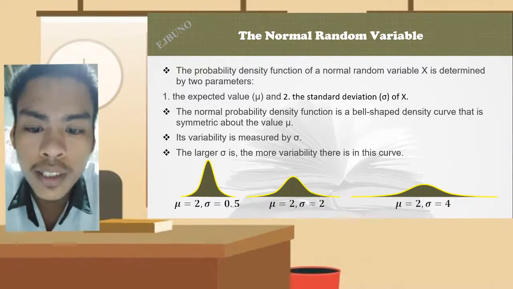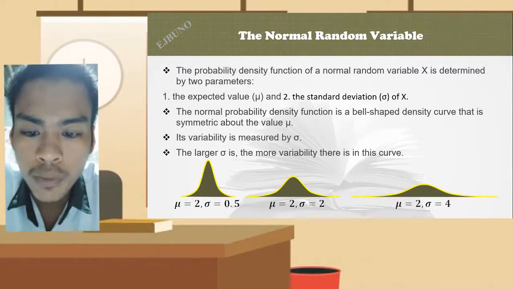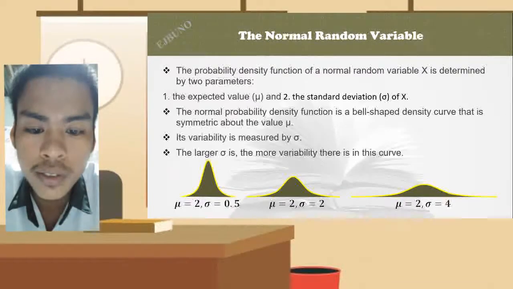The probability density function of a normal random variable x is determined by two parameters: the expected value and the standard deviation of x. The normal probability density function is a bell-shaped density curve that is symmetric about the expected value.